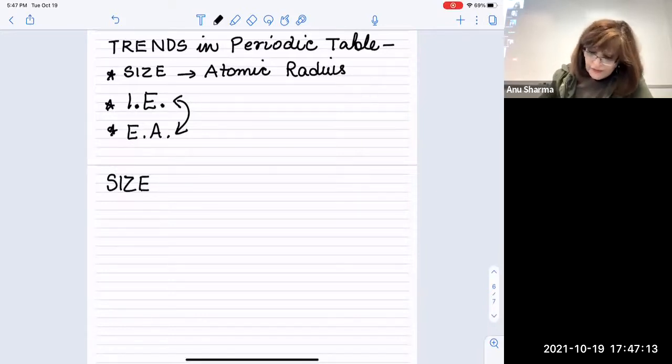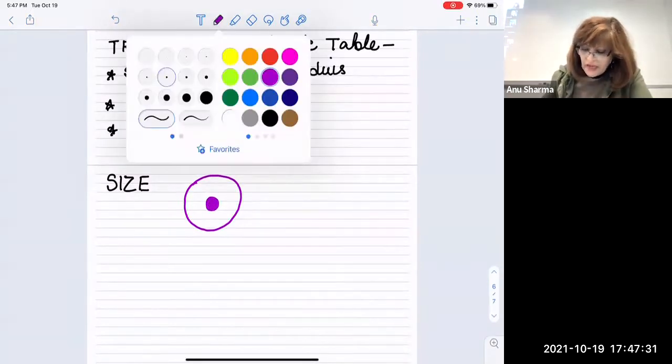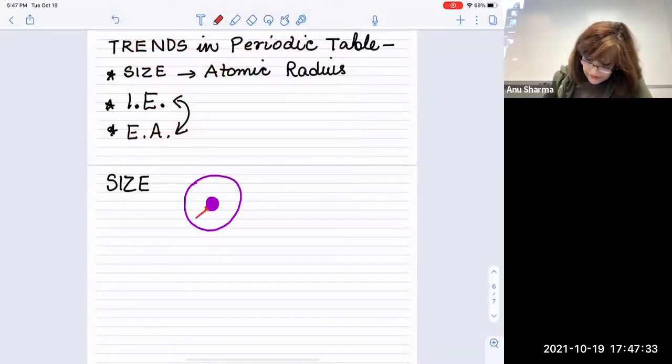When we talk about the size, we are actually looking at the radius of the atom. So here is this nucleus, and from the side till here, this is called a radius.